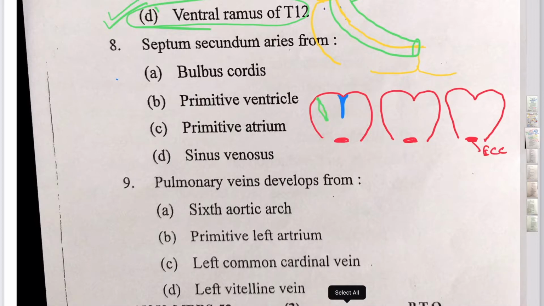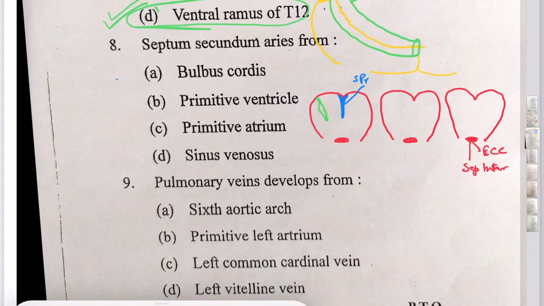It is crescentic in shape, and let me write it here, it is septum primum. It grows downwards towards this AV cushion or endocardial cushion, the red colored thing, which we also call septum intermedium. Let me write it here also. This is the septum intermedium.